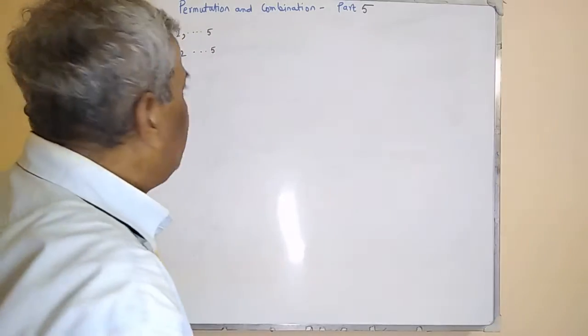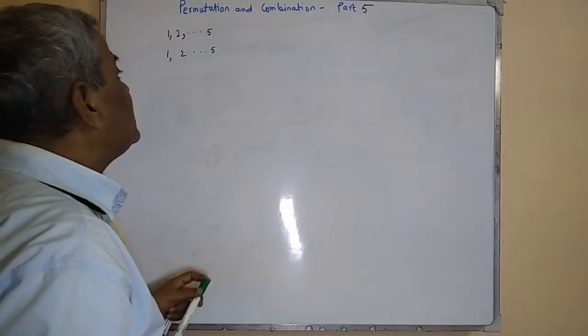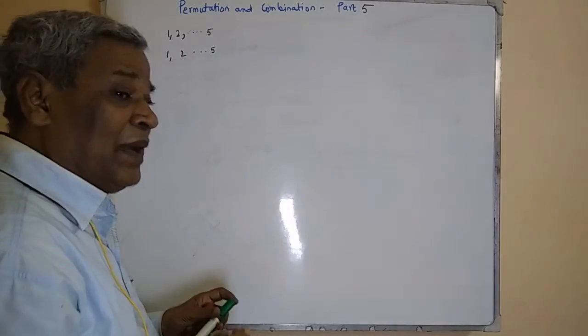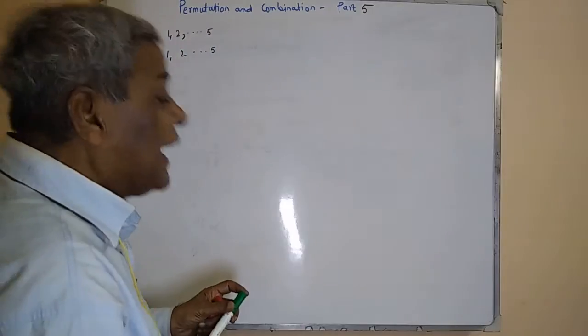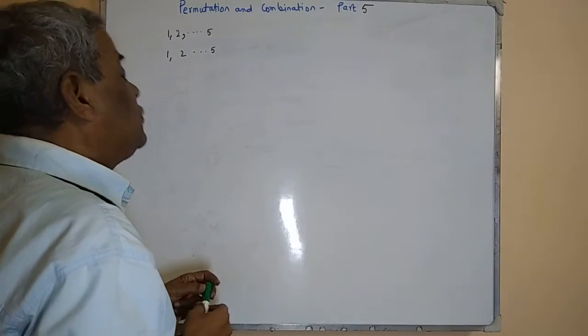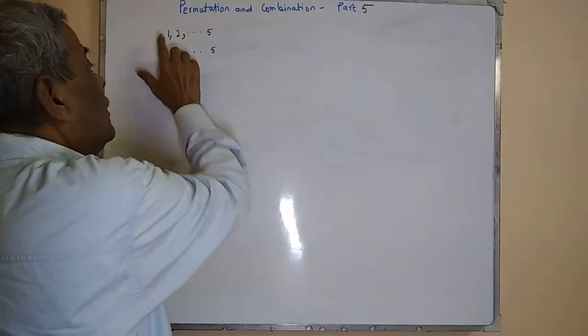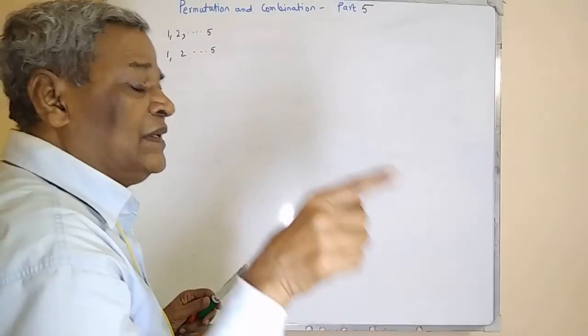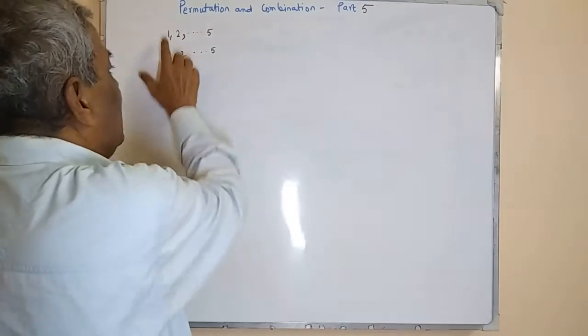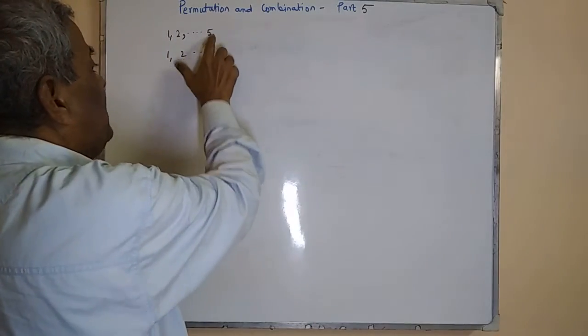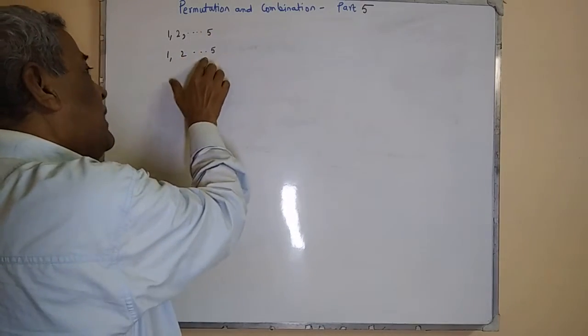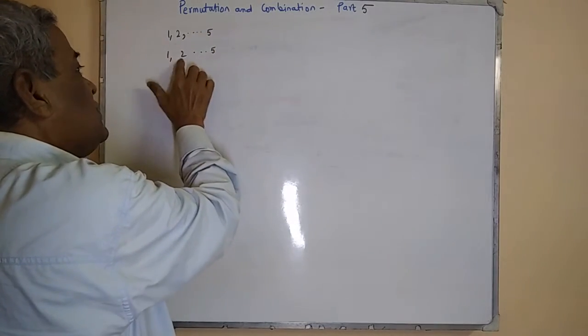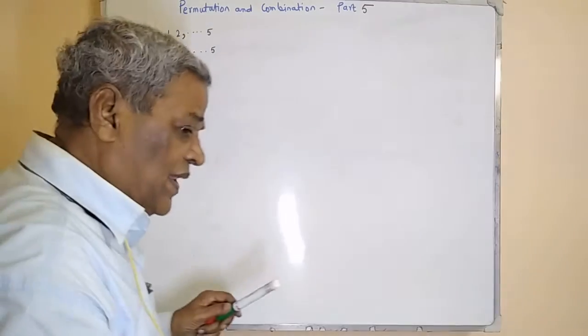The question is, in how many ways can these letters be placed in the envelopes so that no one goes to its original destination. That is, 1 cannot be there, 2 cannot be there, 5 cannot be there, 5 can be anywhere, 4 can be this and that, and so on.